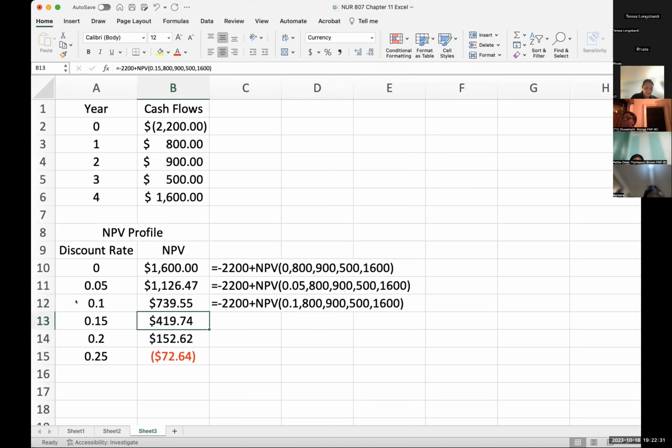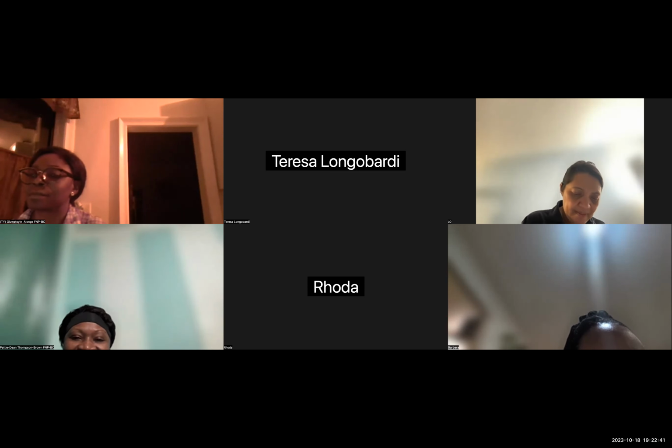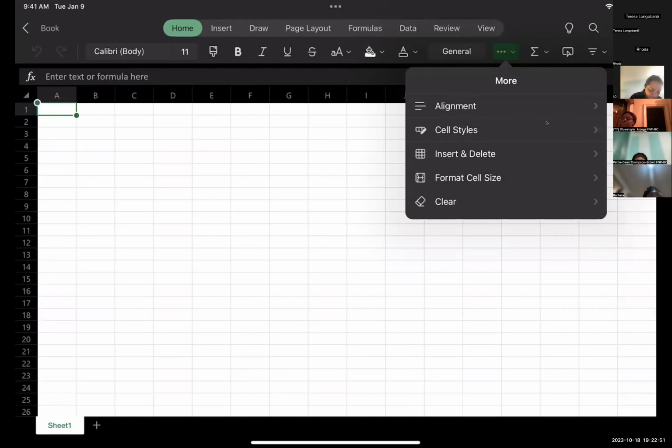Patty, let me show you about your iPad. It's okay, I switched to computer. You don't have to use it. I'm just going to show you for future reference, because I don't want to lose you trying that. So here's my iPad with Excel. You see the 3 dots?